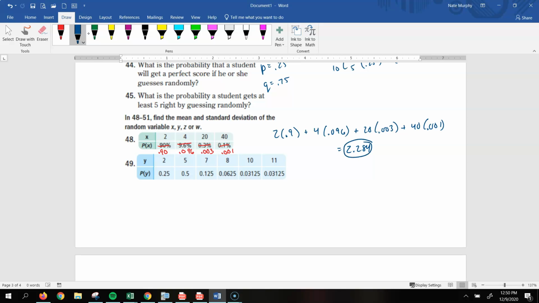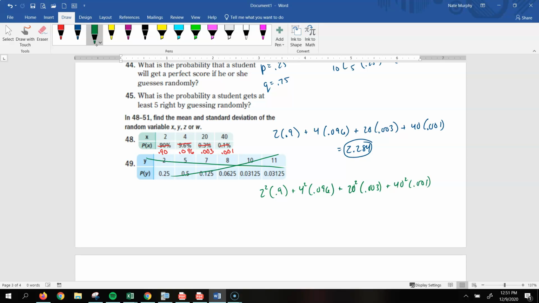Now to find the standard deviation, we're going to go through a very similar process. Again, I'm just going to cross this out. We're going to start out with squaring the x values. So we'd have 2 squared, or 4, times 0.9, plus 4 squared, or 16, times 0.096, plus 20 squared, or 400, times 0.003, plus 40 squared, or 1600, times 0.001.